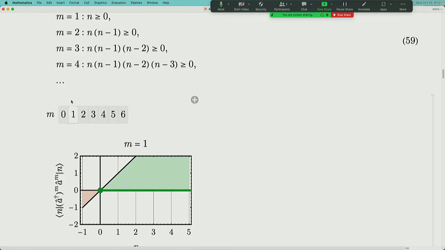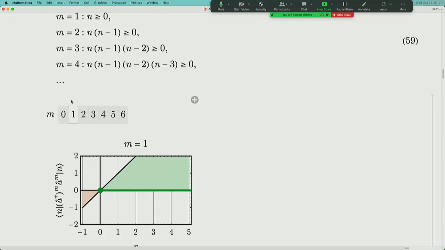This just means that n must be greater or equal than 0. So the region where this black line is positive corresponds to the feasible region. When this black line becomes negative, it's not feasible. So the feasible region now gets restricted to the positive real axis, also including the origin. That's very important because it's greater or equal than 0, not greater than 0. So the origin is also included.